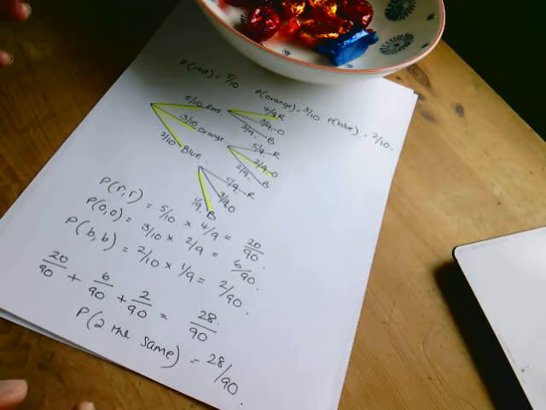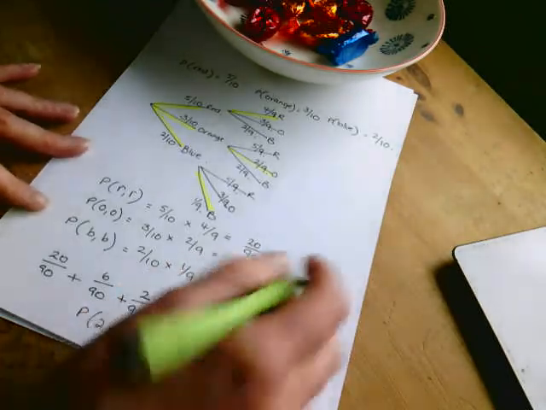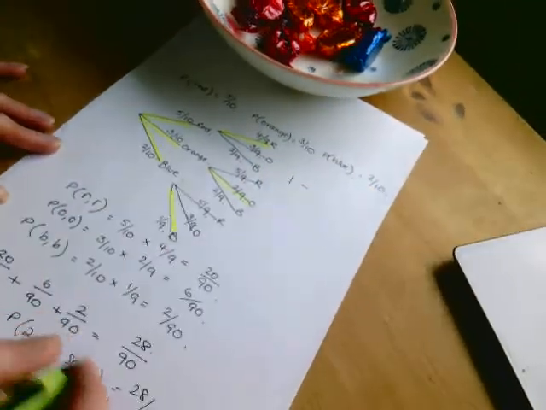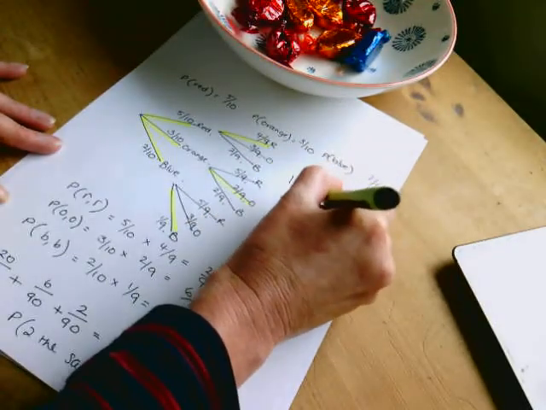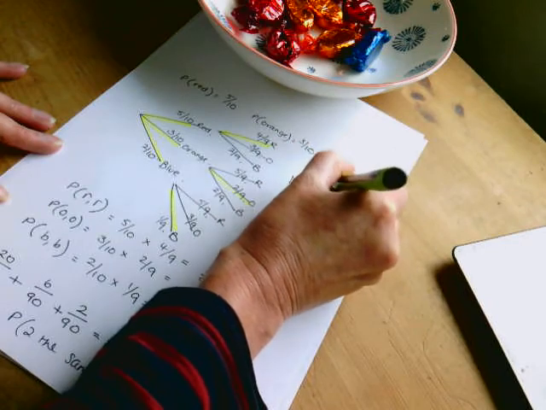So 1 take away 28 over 90 would give me the probability of two different sweets, because probability always adds up to 1. This is the probability of two different.